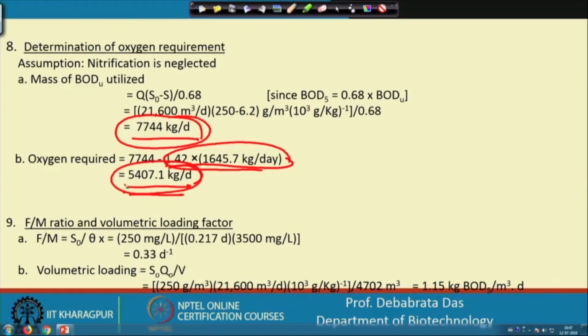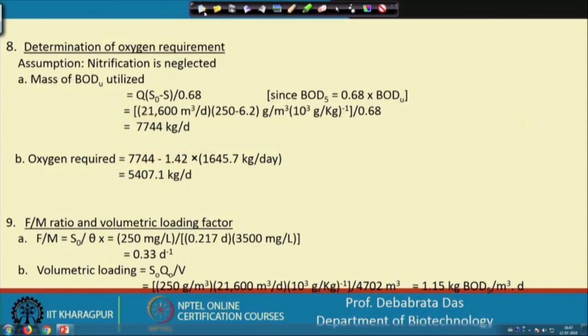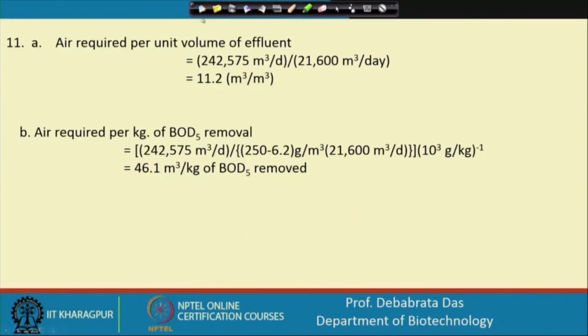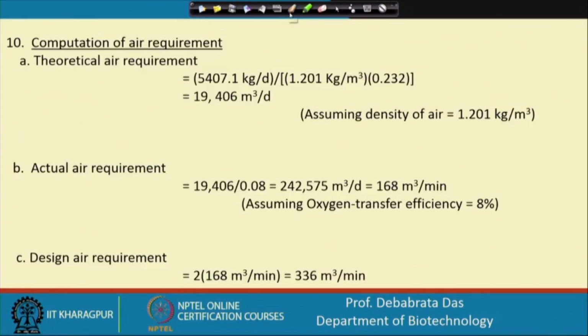As you know, oxygen is sparingly soluble in water, and then you can calculate how much air is required in the system. This is the theoretical amount of air that is required.